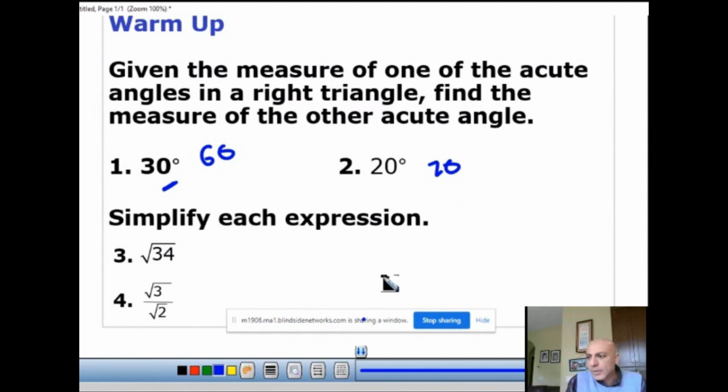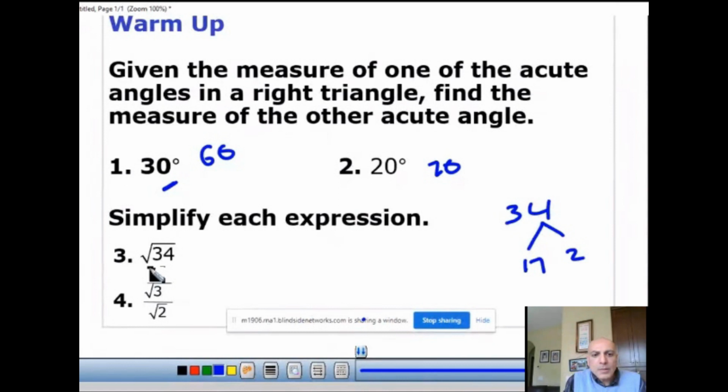If you want to branch this out a little bit, 34, 17 times 2. Can you get the square root of 17? I don't have a square root of 17. That's what happens to square root of 2. Wouldn't it just be the same? Because in this case, I am unable to do anything here. Unless anybody of you could chime in and say something.